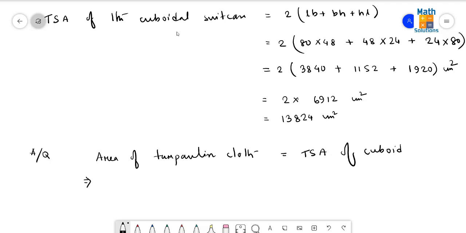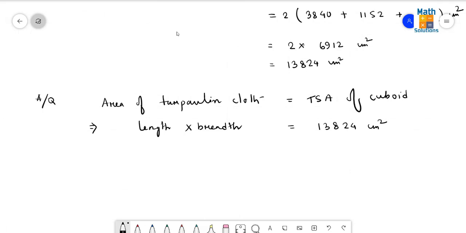So we can write here area of tarpaulin cloth means length into breadth, of course, because it will be rectangular in shape, yes or no. TSA of cuboid we already got as 13,824 centimeters square. So after this, what do we get? We actually have the width of the tarpaulin cloth, or breadth we can say, as 96 centimeter.